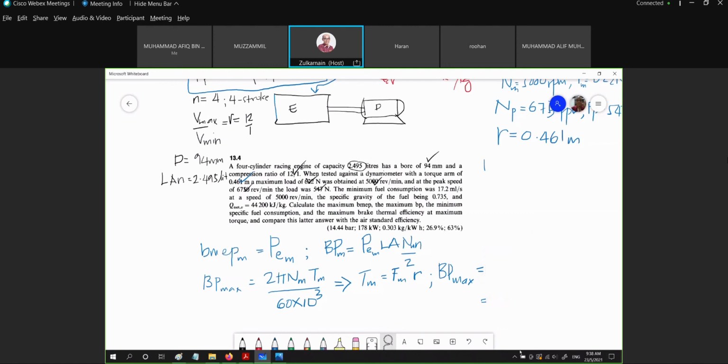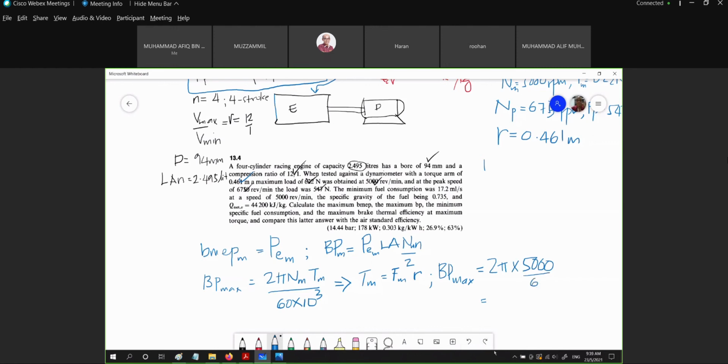From here, this is the formula. So BP max sama dengan 2 pi N, N is 5,000. Ini guna dyno punya, dyno nya RPM tak perlu bagi 2 lah.